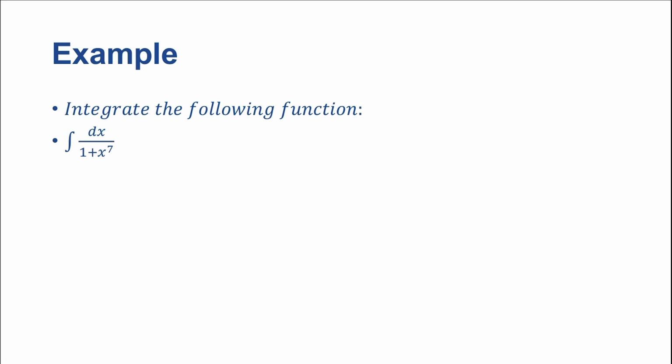So if you remember, our general power series is 1 over 1 minus x. So we have 1 plus x to the 7th in the denominator, but we'll set u equal to x to the 7th. So we get 1 over 1 plus u. Now, how do we make this a minus? We get 1 over 1 minus negative u. So then we get 1 over 1 minus negative x to the 7th.